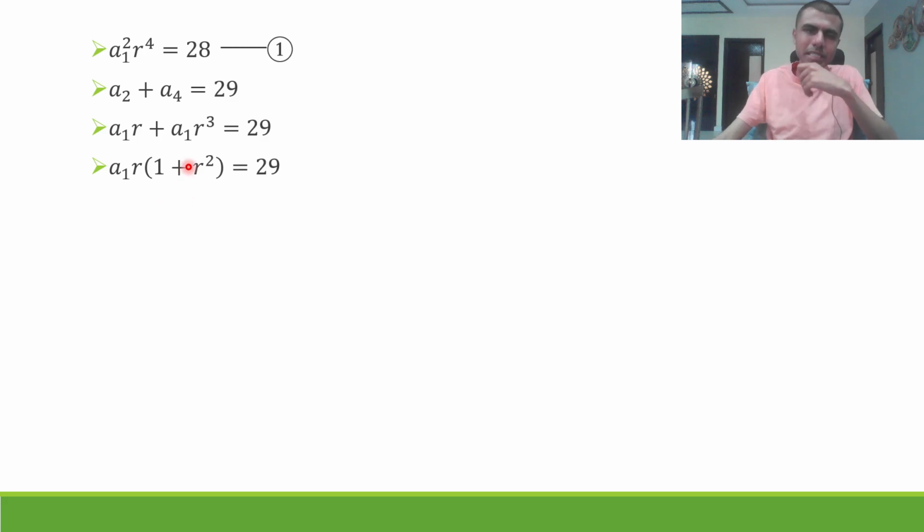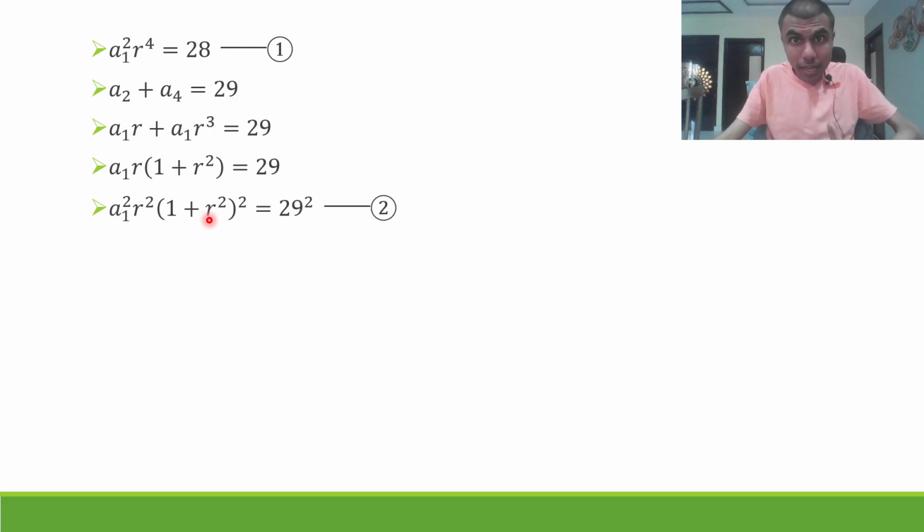Okay, now see carefully. In my first equation, I have A1 square. In this equation, I only have A1. So I think I need to square it. You have two options. Either you can apply a square root in the first equation or you can square this equation. If you square this, you'll get A1 square R square into 1 plus R square whole square is nothing but 29 square.